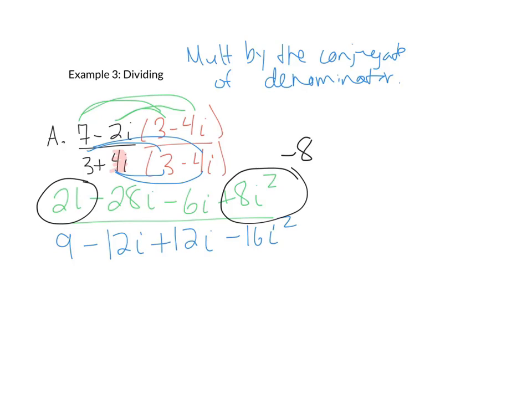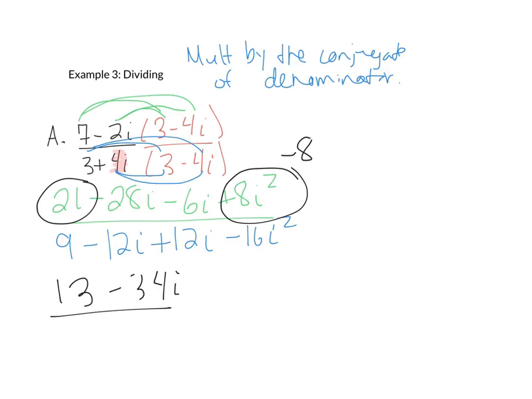So 21 minus 8 is 13, and then 28i and 6i, minus 34i on the top.